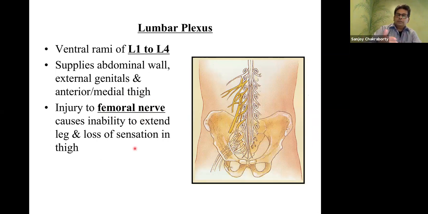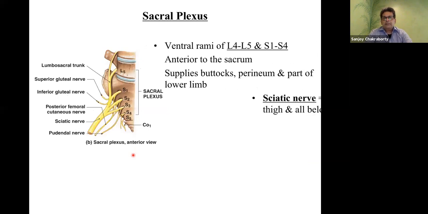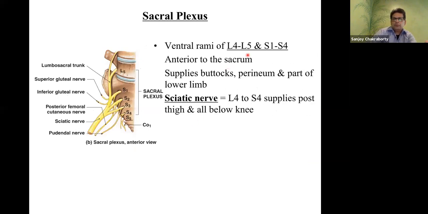Again, lumbar is from L1 to L4, they are combined together. The lumbar plexus, but the femoral nerve is one of the major nerves that serve that area. And finally, the sacral plexus, which is basically L4 to L5 and S1 to S4, so together L4 to S4. But there is one nerve, very important, and I'm sure you heard about that.